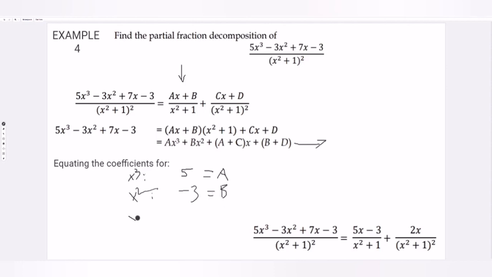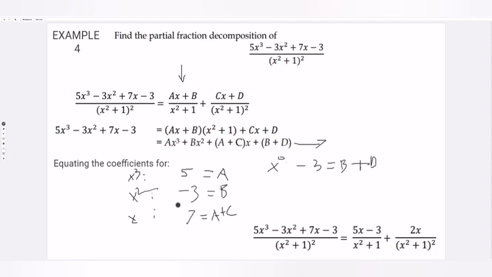In terms of x, we have 7 on the left side, equals a plus c. In terms of the constant, we have -3 on the left side, equals b plus d.